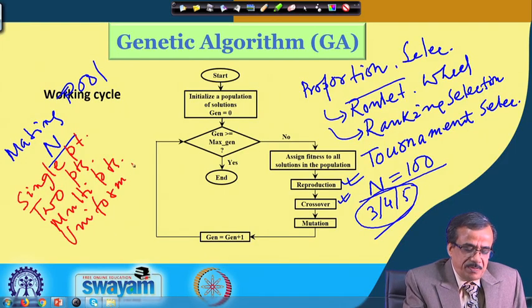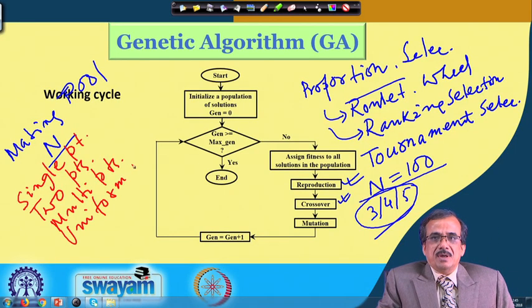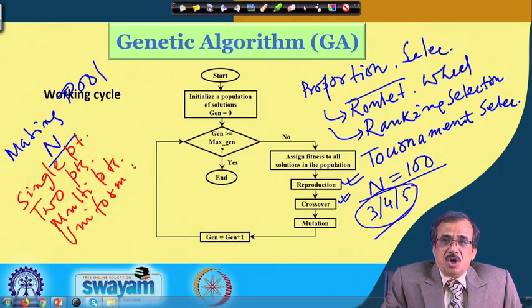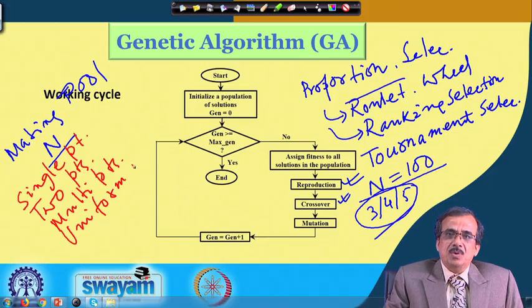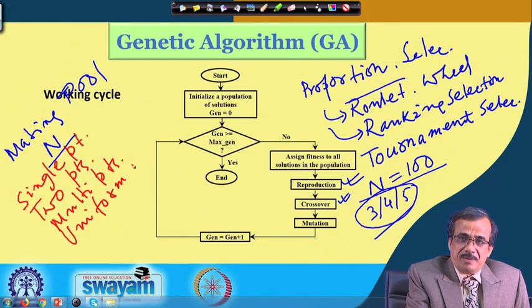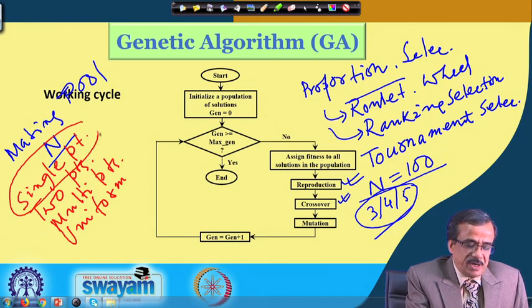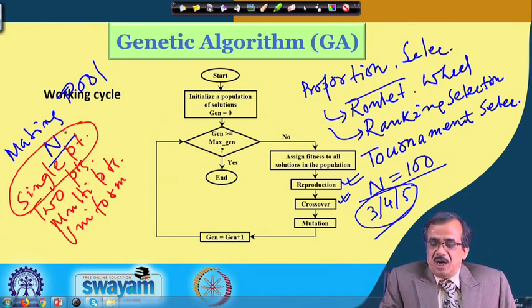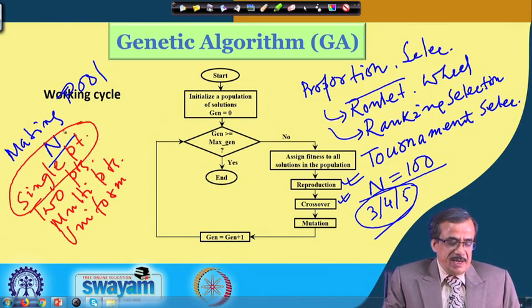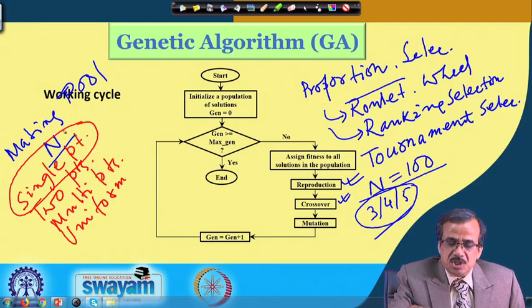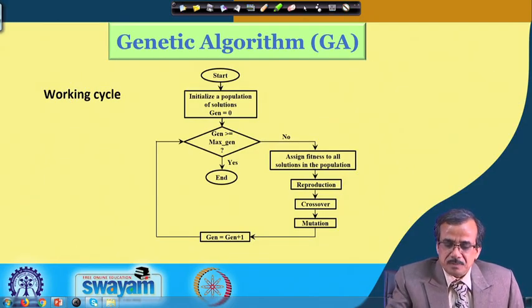As the time is short and this is not a course on optimization, I am going to discuss only the single point crossover, just to see how it works.